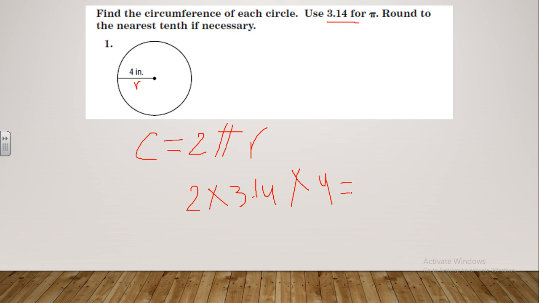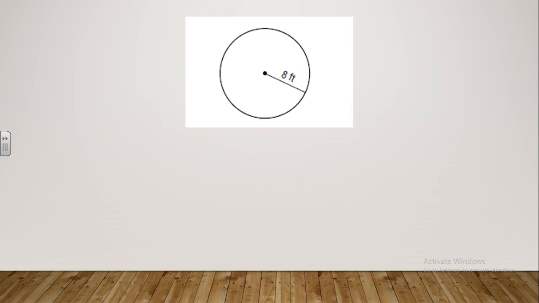And that will equal what? 2 times 3.14 times 4 will equal 25.12. To make the multiplication easy, you can make 4 times 2 equal 8, then make 8 times 3.14. Okay, let's continue.